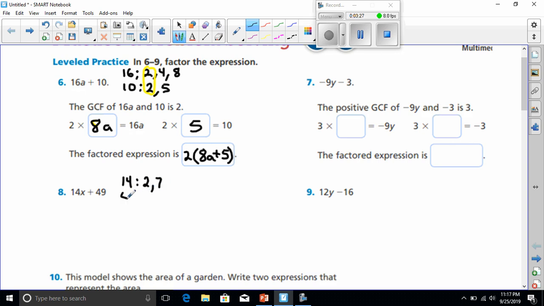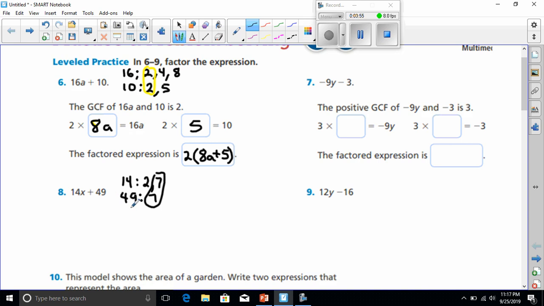And we have 49. That's not an even number. I do know that 7 times 7 is 49. Okay? And honestly, I don't know of any other numbers beside that. So as we can see, 7 is going to be my greatest common factor.